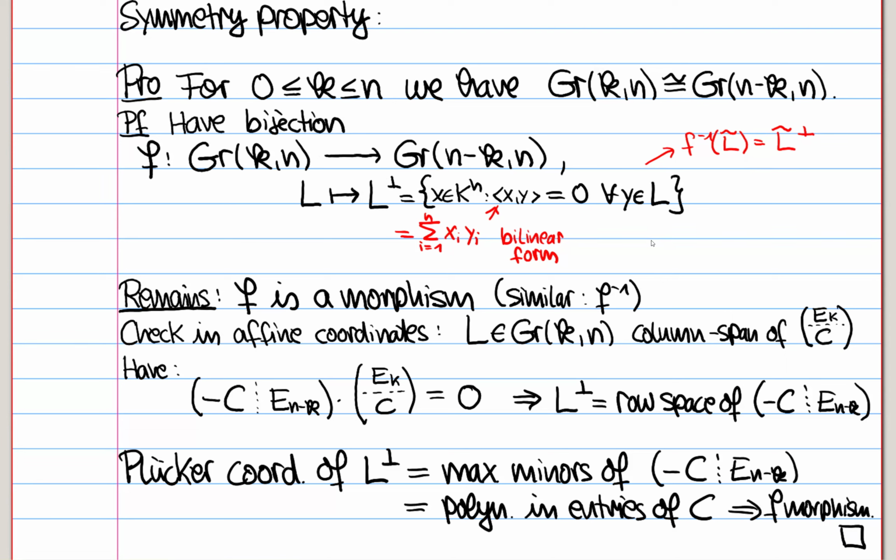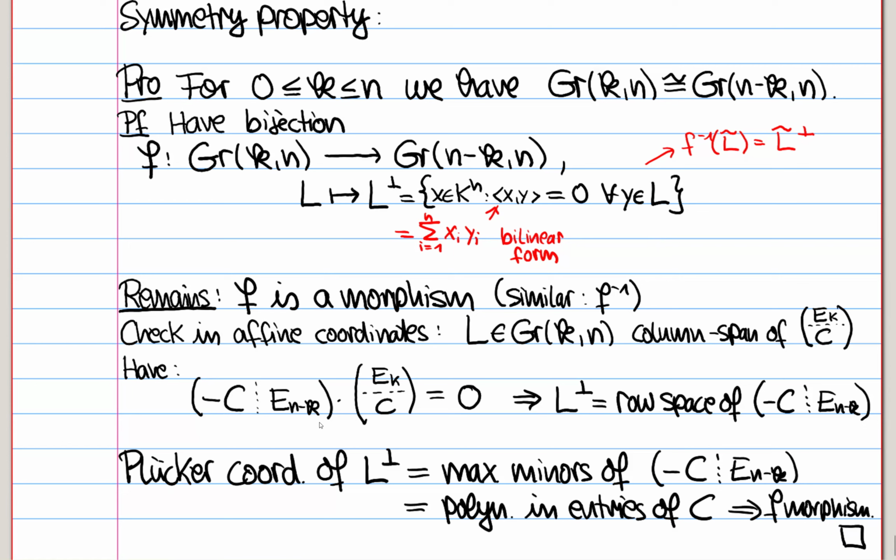And to prove that it's a morphism, we now use these affine coordinates. So L in this Grassmannian, let's say we are in the patch U0. So let's say L is the column span of such a matrix here. Then we claim we can write down what L perp is explicitly. To do that, we just do one big matrix multiplication.